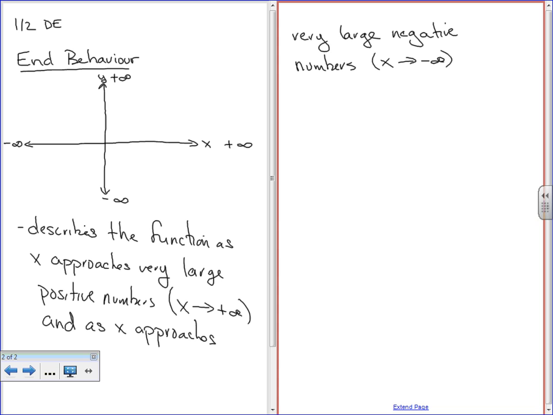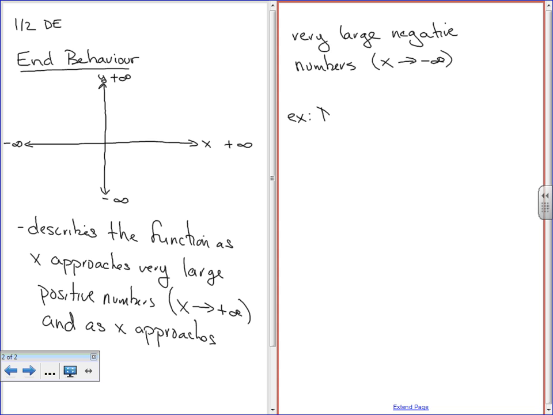So again, x approaching negative infinity means that x is approaching very large negative numbers. So ultimately what I want you to be able to do by the end of this is look at a function, whether it's a graph or an equation, and figure out where the end behavior is heading towards.